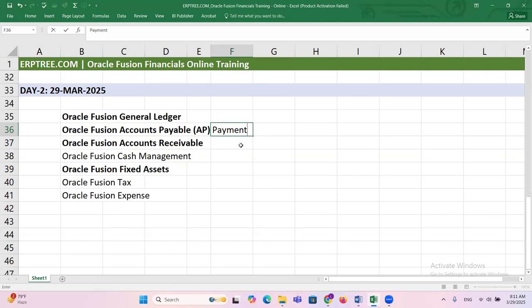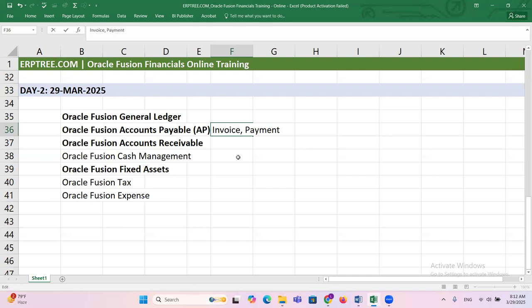They may buy a product or get a service from another organization, whom we call a vendor or supplier. For the product or service they get from the supplier, they have to make the payment. To process the payments, we use the accounts payable application. If you want to make a payment, you need proof on what basis you are making it. Whenever we buy something from the supplier, we get an invoice which says how much we have to pay. For that reason, in the accounts payable application, we record the invoice.